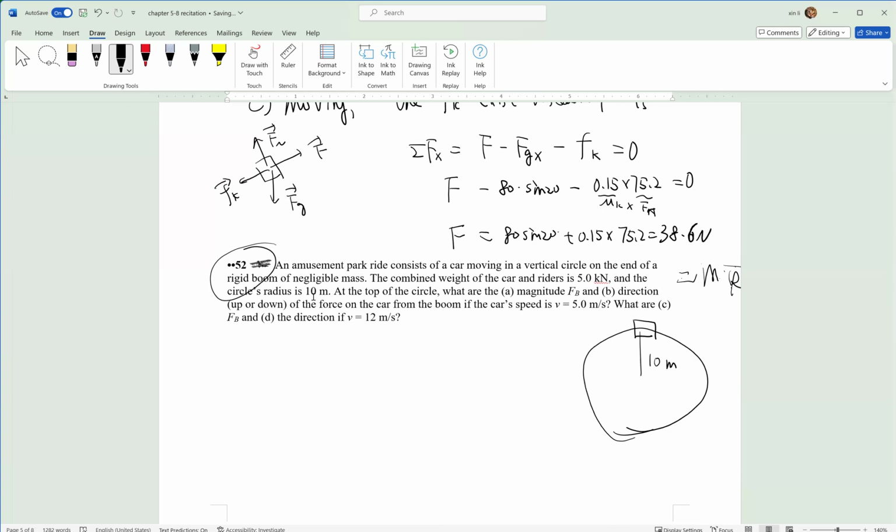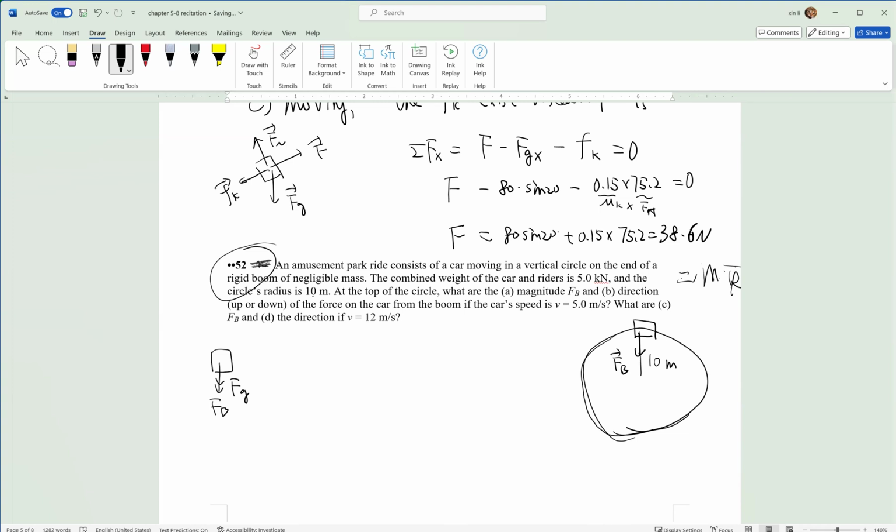So what is FB? FB is the boom acting on the car. So we can assume that our FB goes down, okay? So it's pushing the car down. But if we get a negative value, then it should go up. So for this car, we will have FB going down, and we also have our gravitational force going down.